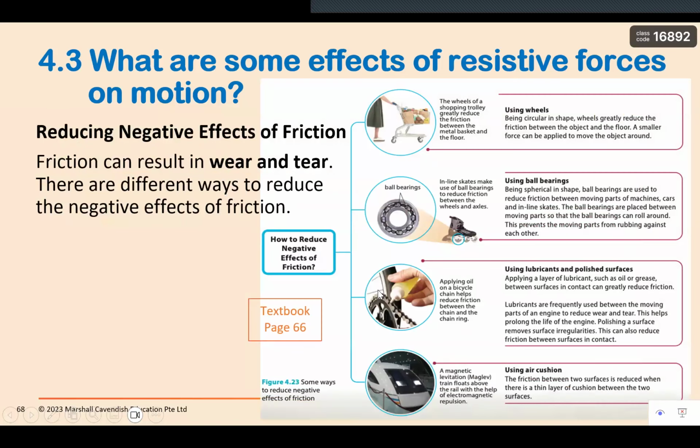So how do we reduce the negative impact of friction? There are a few methods. We can use wheels, ball bearings, or lubricants, or we can polish the surface to make it smoother, and we can also use an air cushion. All this will help to reduce some of the negative effects of friction.